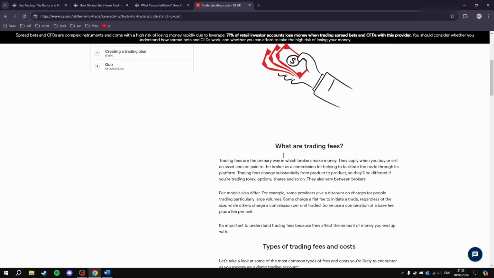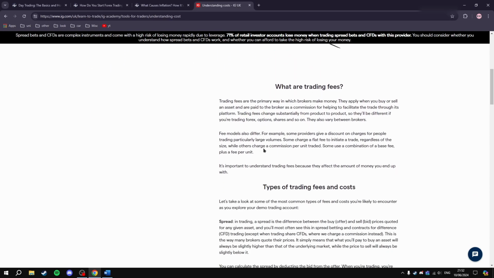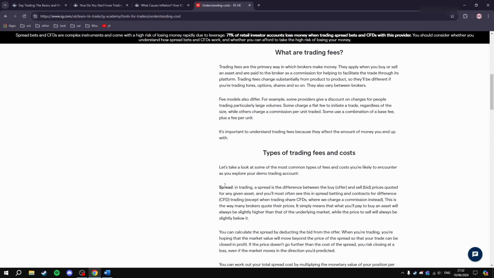So what are trading fees? Trading fees are the primary way in which brokers make money. They apply when you buy or sell an asset and are paid to the broker as a commission for helping to facilitate the trade through its platform.